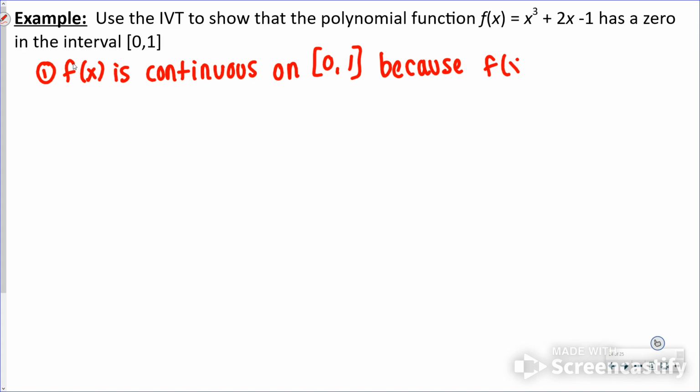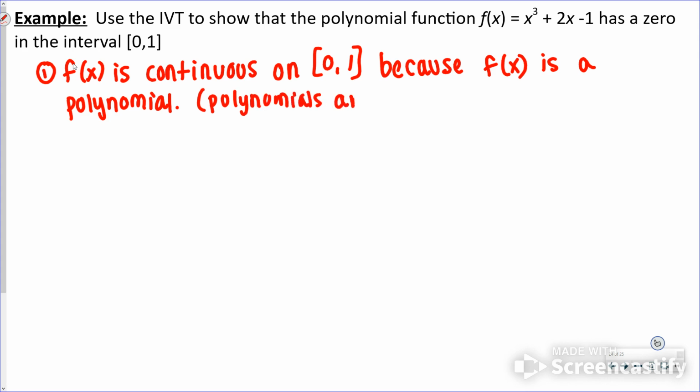Because it's a polynomial function, and polynomial functions are continuous everywhere. All you have to say is it's a polynomial. If you wanted to, you wouldn't have to for the AP exam, but maybe just for your own notes, polynomials are continuous everywhere. So that's what we have to say. Hypothesis is met. Then we get to use the conclusion.